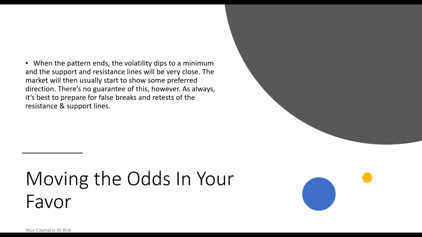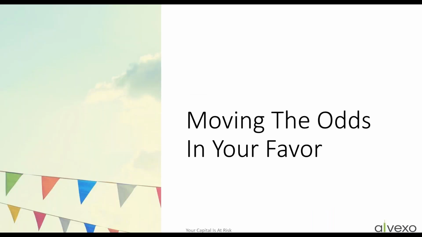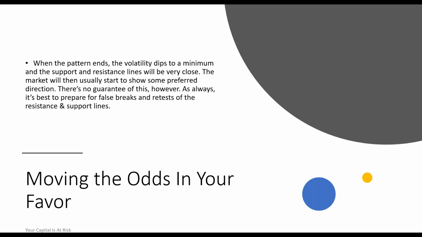Now, I mentioned earlier, I've done a study, because I want to move the odds in your favor. Now there's one critical thing I didn't mention. Before you ever execute this trade, you must look at volume.